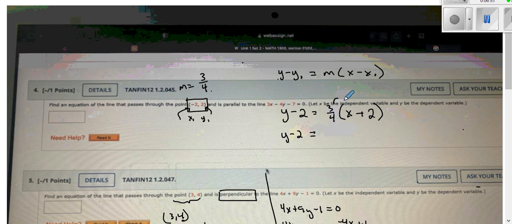So I'm going to distribute this 3/4. 3/4 times x is 3/4 x. 3/4 times 2 would be the same thing as 3/4 times 2 over 1, because the 2 is over 1.